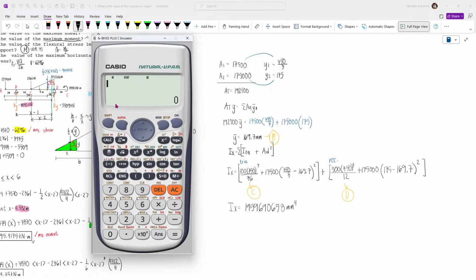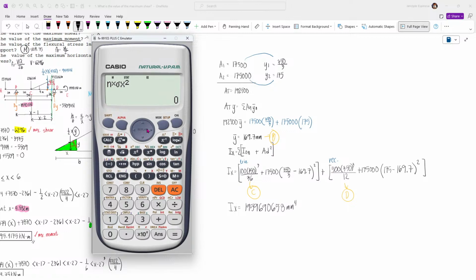So press AC and then shift stat diri ka sa variance, type N plus shift stat na pod variance again, and then diri ka sa standard deviation, times the AD squared.